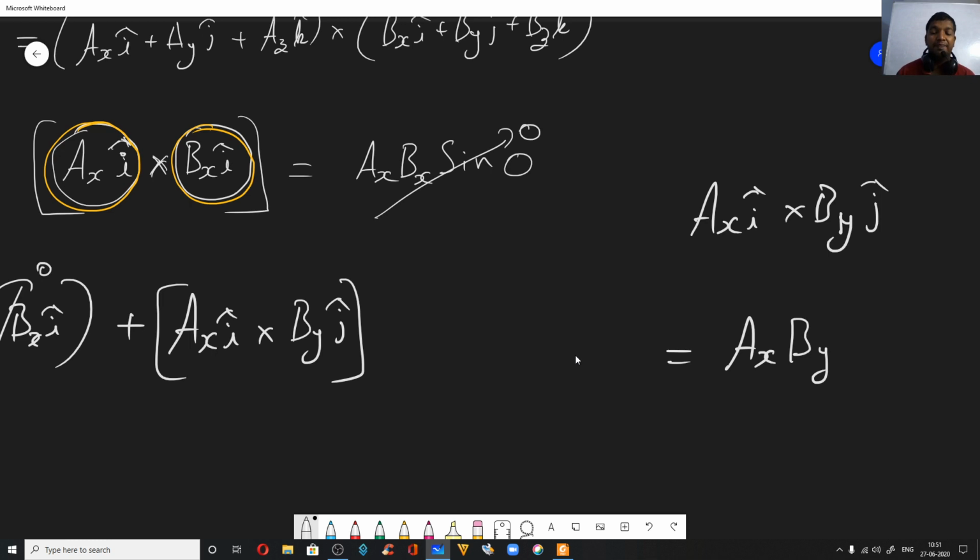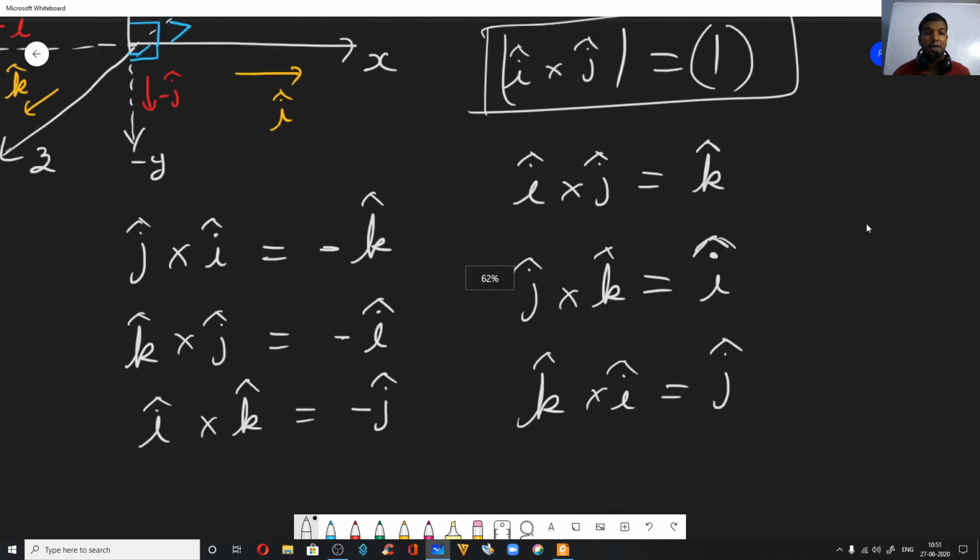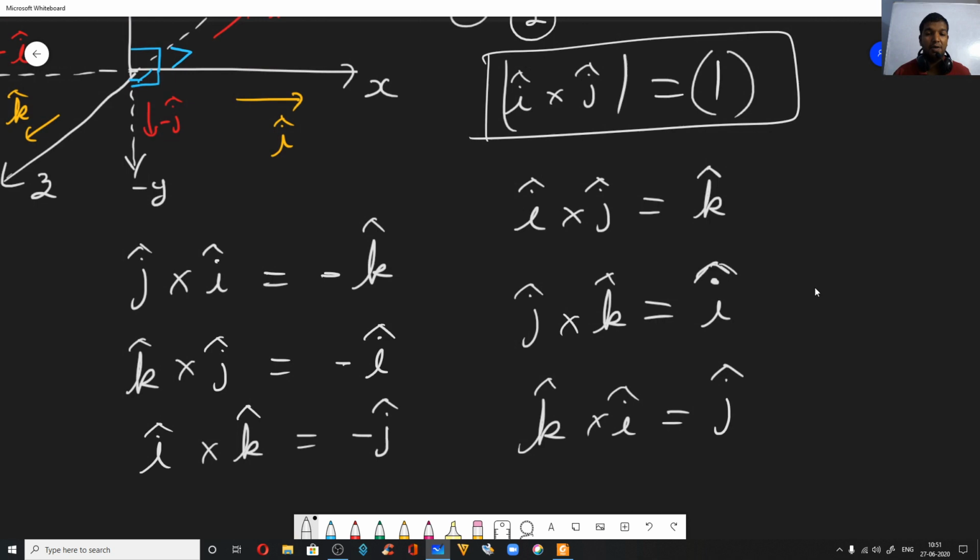Then i cross j, correct? ax is along x axis, by is along y axis. That is what j cap says, right? Now when you do x axis cross y axis, that is i cap cross j cap, you will get a vector pointing along z axis, correct? When you do i cross j, you are getting a vector pointing along z axis.